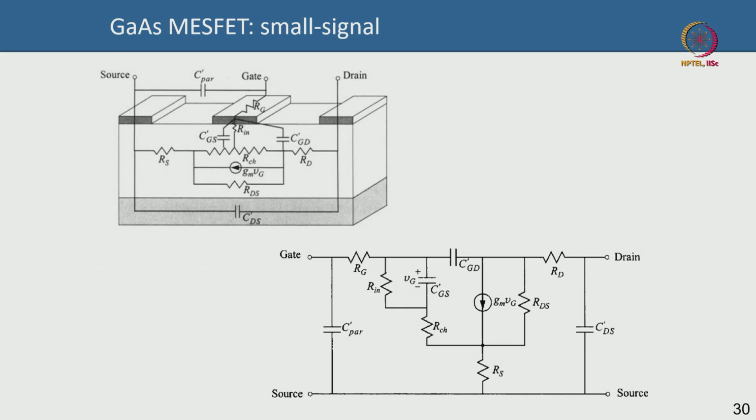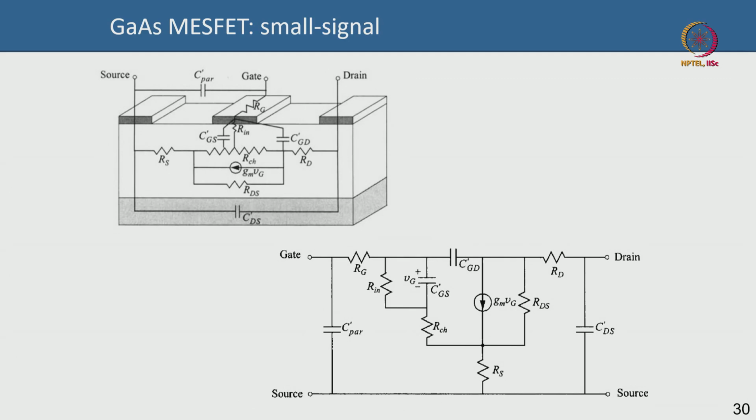When you have multi-finger large area devices, inductances become important, especially source inductances. When you wire bond the source, that wire length is sufficiently high, so inductances become important. But for this basic understanding, we do not have to worry about inductors here. Okay. In a real device, a packaged device, a device put in a fixture or a board, inductances are very important. Okay. The model will also have to include inductances later on.